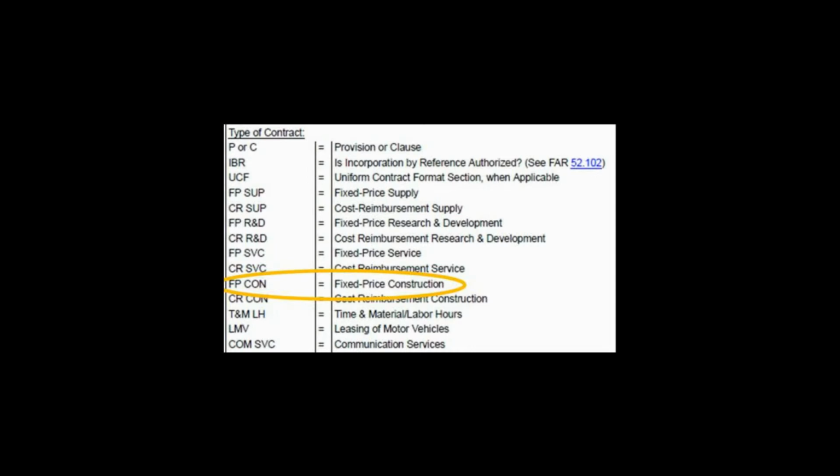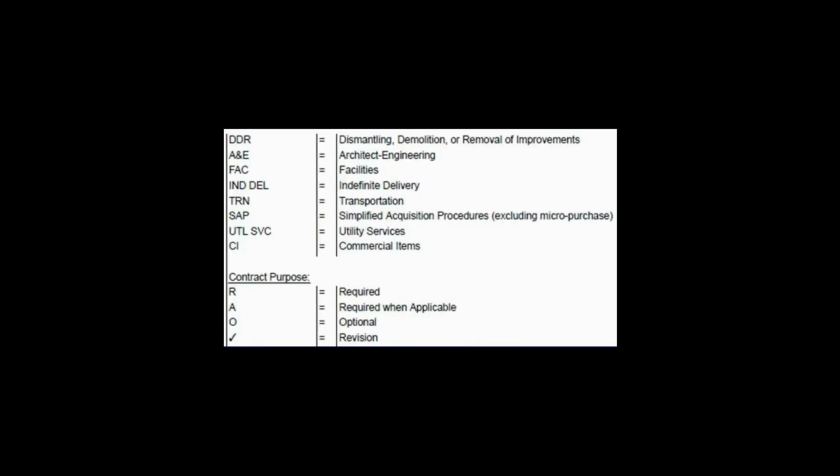Normally the contract type that we're most interested in is FPCON, which is fixed price construction. So we're going to concentrate on fixed price construction. Here's some more of those contract types, and here you can see that architect engineering is one of the contract types. Indefinite delivery, which is used a lot, is another one.